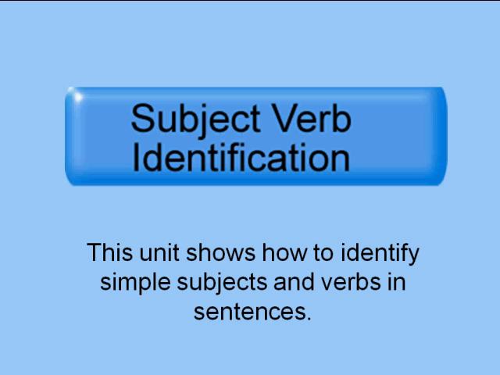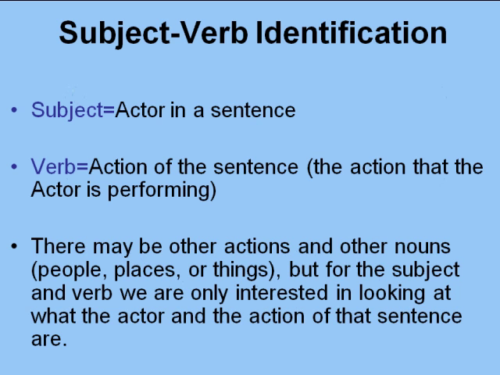So we're talking about identifying simple subjects and verbs in sentences. One way of thinking about subjects and verbs, which I think is pretty helpful, is to think of the subject as the actor in the sentence and the verb as the action of the sentence. The subject is the one that is performing.